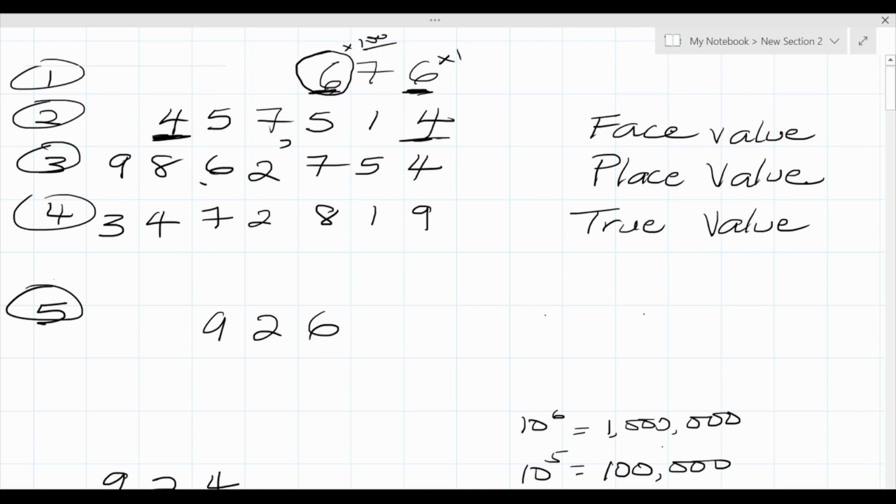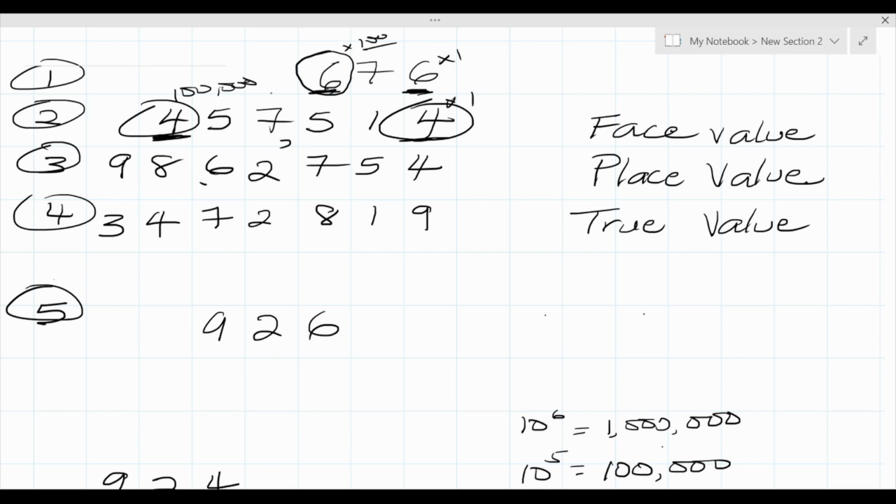What's the difference in value? So again, this is in the ones place. This would be times 1, but this is times 100,000, right? So our answer for this one, would it be 10 times, 1,000 times, 10,000 times, or 100,000 times? It would be 100,000 times.